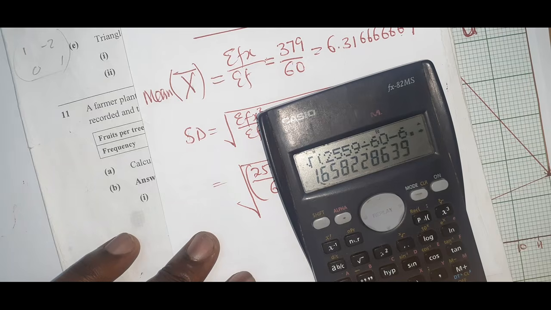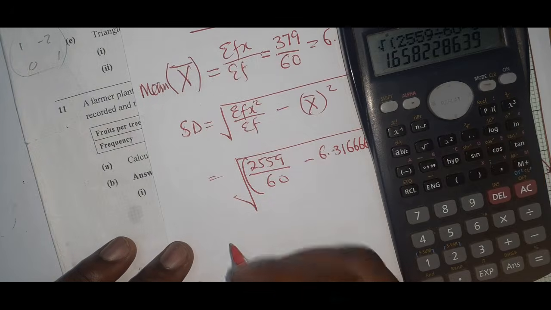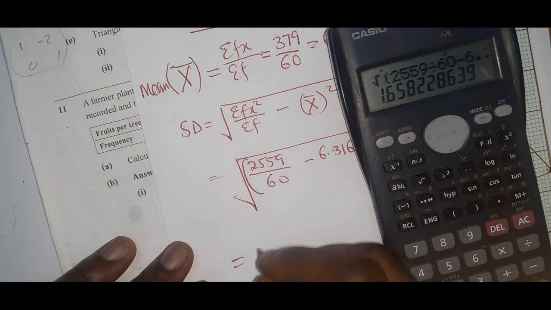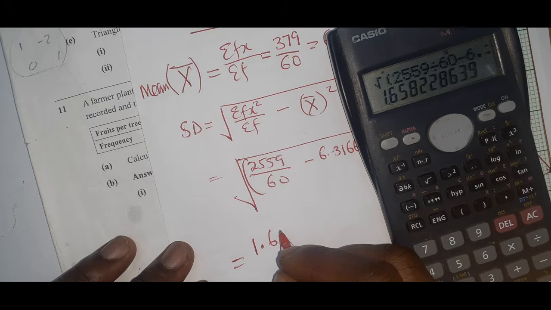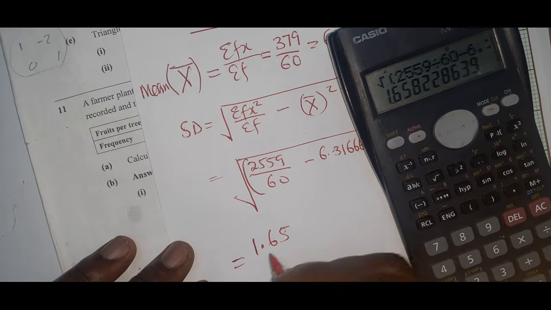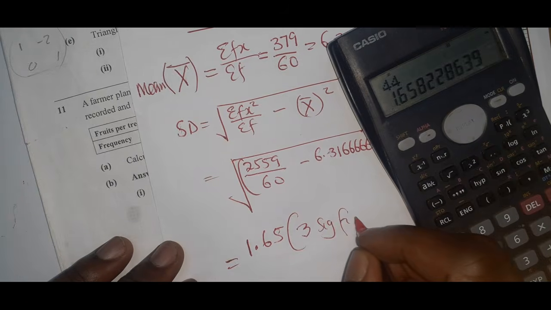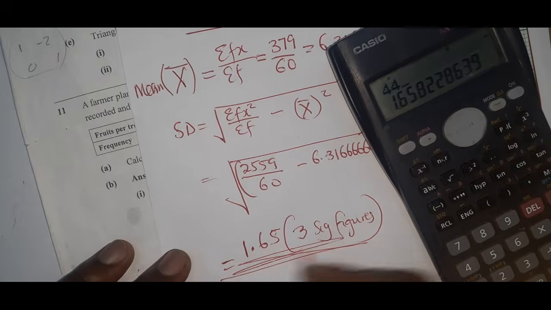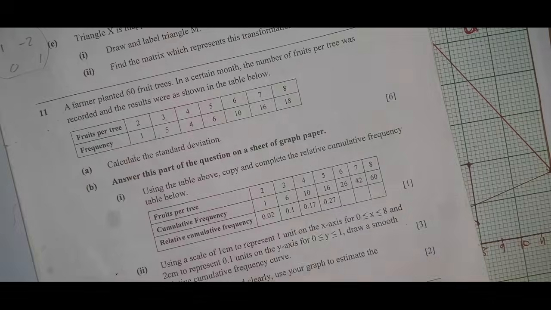What are we going to get? This is what we are going to get as our standard deviation, which will be 1.65, 3 significant figures. All right, so let's go to the other part here.